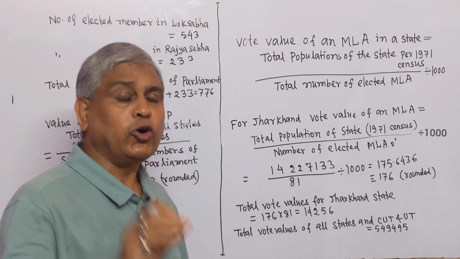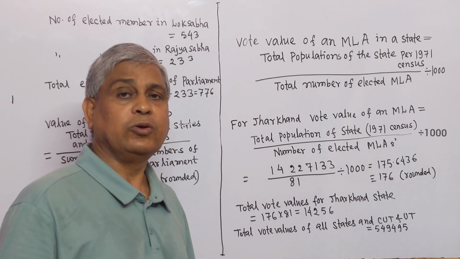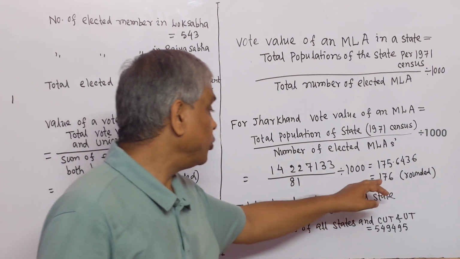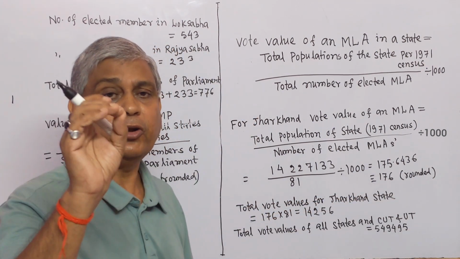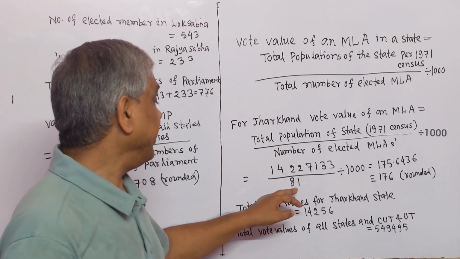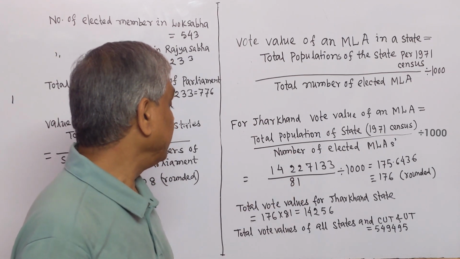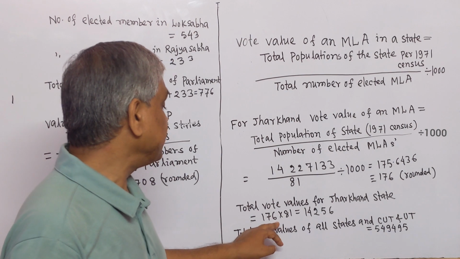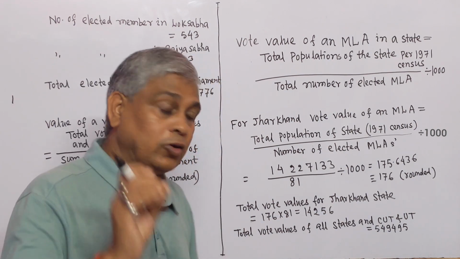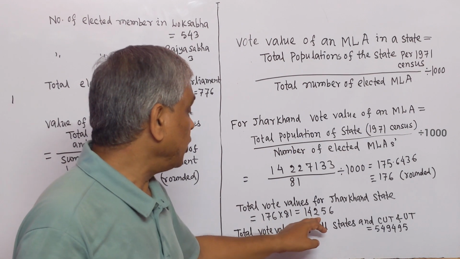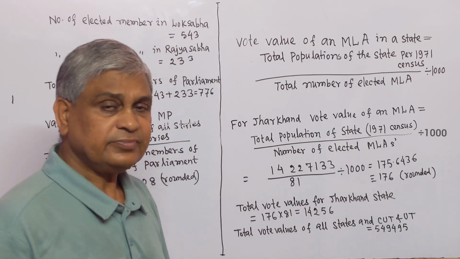Now, total vote values of Jharkhand state. The vote value of one MLA is 176. Therefore, vote value of 81 MLAs will be 176 multiply 81, that is 14,256.